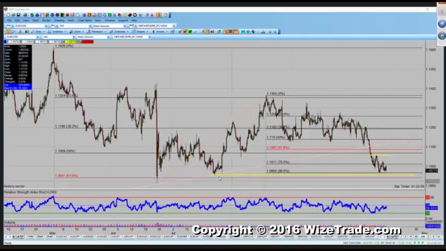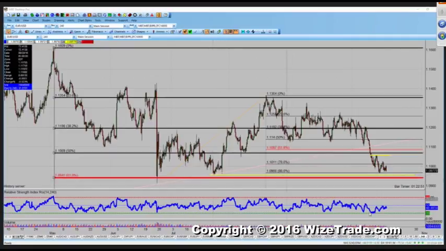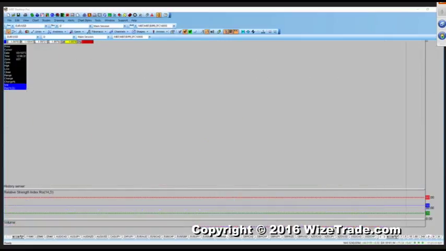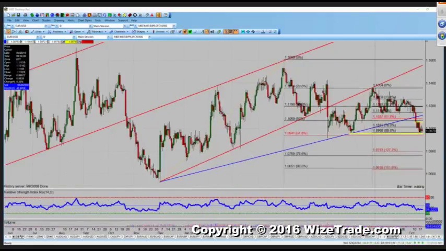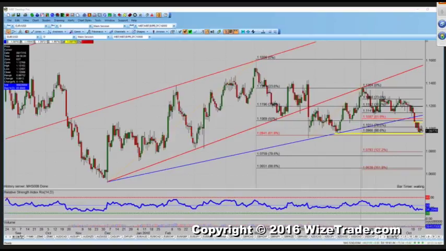Now, we have horizontal support, as you guys know, at 109.50. Below that is the 618, which is 109.41, and that is the number that I think we need to be most aware of at this stage in the game.